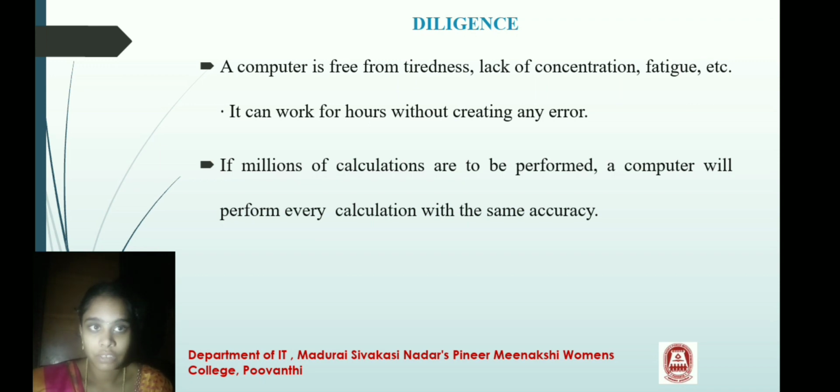If millions of calculations are to be performed, a computer will perform every calculation with the same accuracy. This is the basic thing about diligence. Whatever calculations are performed, the computer provides an accurate result, with speed, with accuracy, and without any delay. These are the major comparisons between a computer and a human.